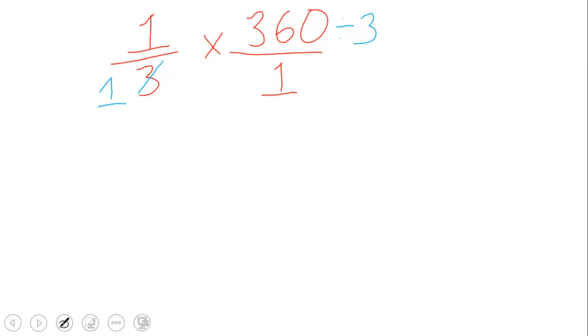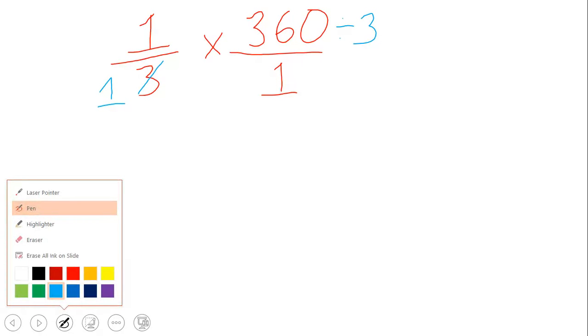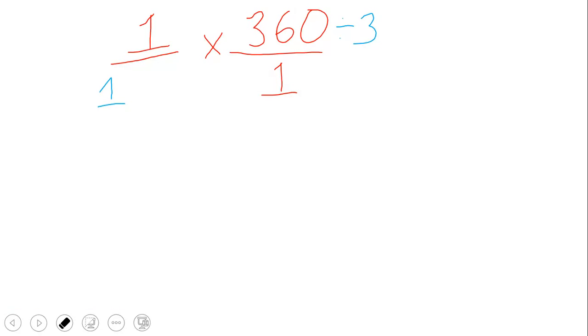What about 360 divided by 3? Let's consider that division problem. We have 3 as our divisor and 360 as our dividend.